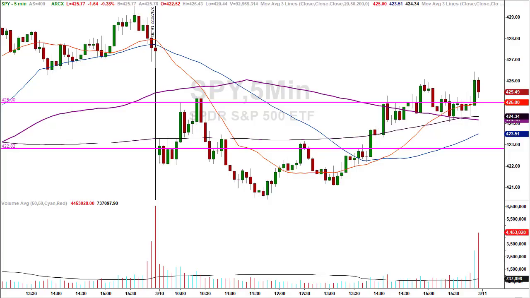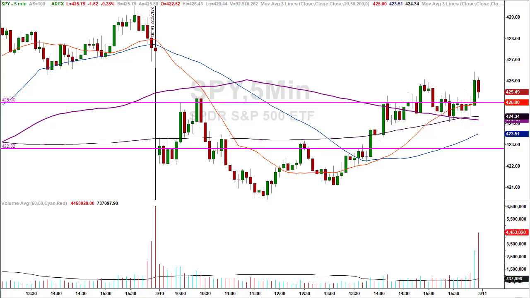Why was the post made? Because I know 425 is an important number. There's another one above. We'll get to that later. It was the 425.75, but that was for a different reason. So I knew if they stayed above a certain area, 422.82, then they would get sucked up to the next important number. If they stay below 422.82, then they get sucked down to the next important number.